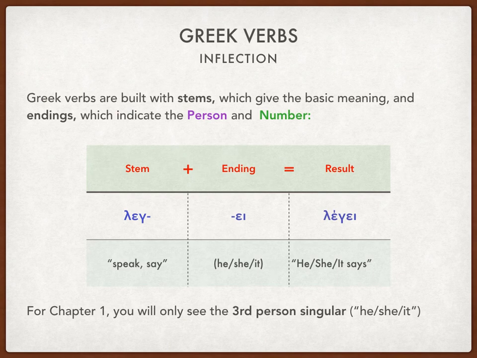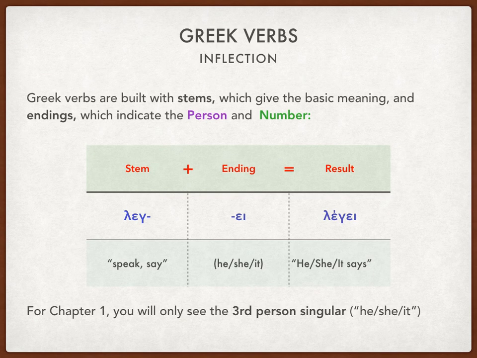Now, when we're looking at a verb, the way I can get my basic information is to understand how Greek verbs are constructed. Any basic Greek verb always starts with a stem, the actual meaning, what the action is I'm trying to get across, and to that stem, I add an ending which tells me the person and the number, who's doing the action. So for example, one of the verbs you're going to learn this chapter is lego, to speak, to say.